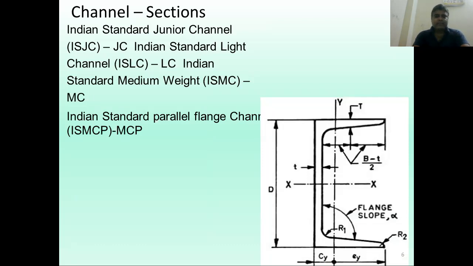This diagram shows again R1 and R2, the toe and heel. Similarly, alpha is the angle of slope, the upper distance is b minus t by 2, and t is the thickness of the web.